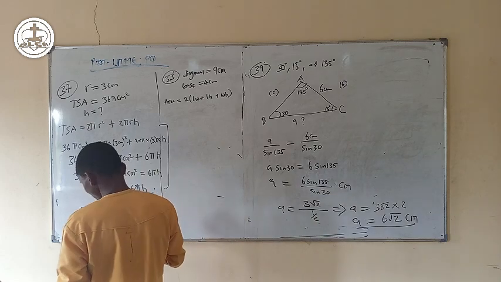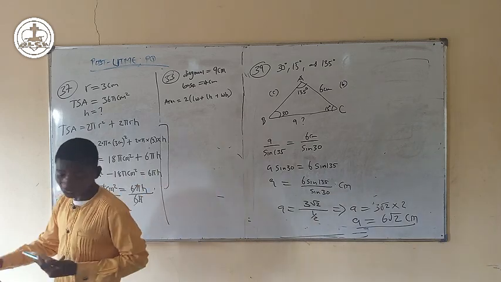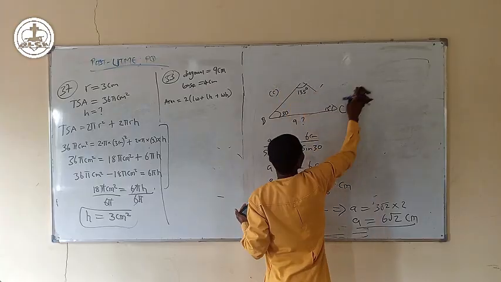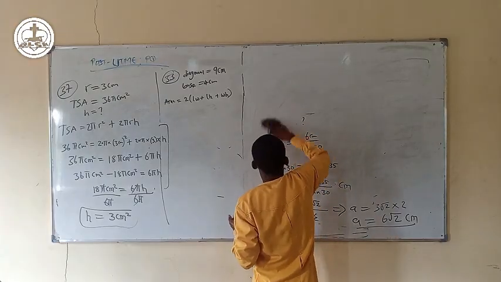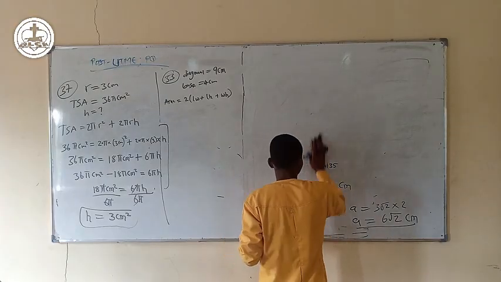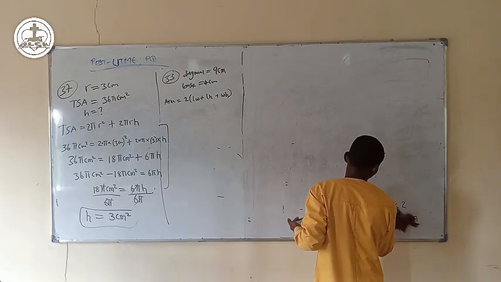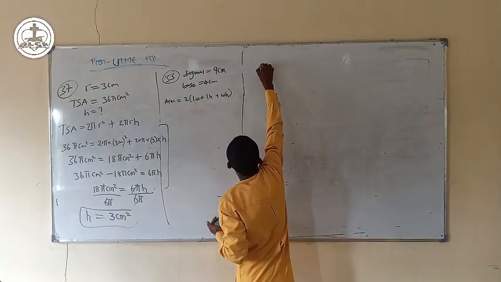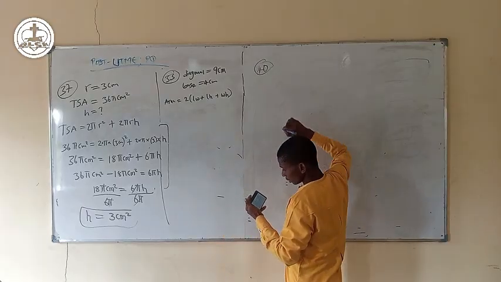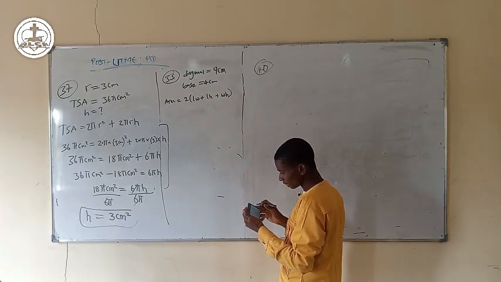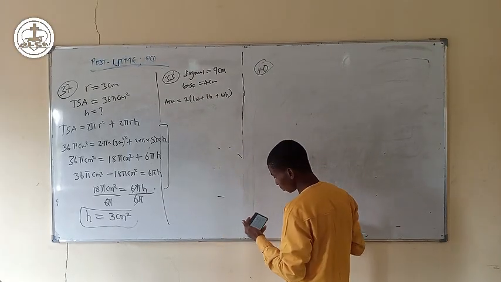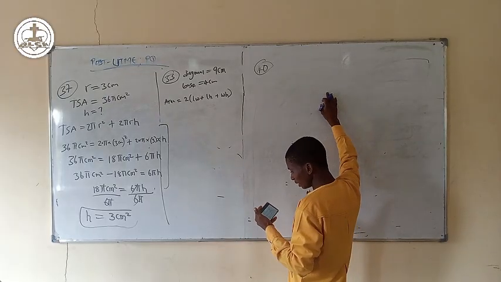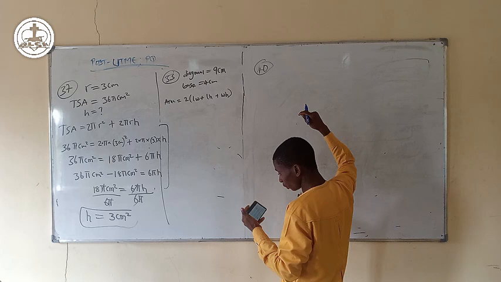So 40. We have it that the hypotenuse of a right angled isosceles triangle, we are talking about an isosceles triangle, having its sides equal, is 2. That's the hypotenuse.